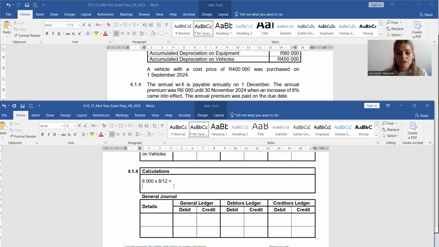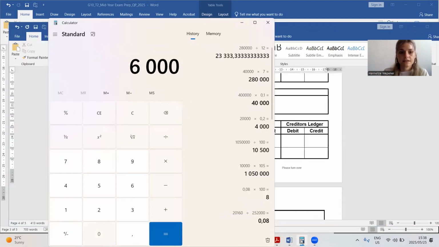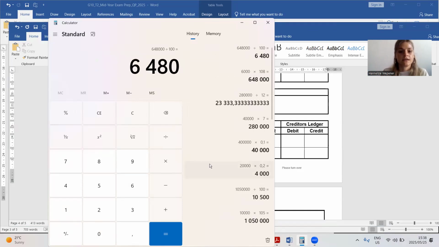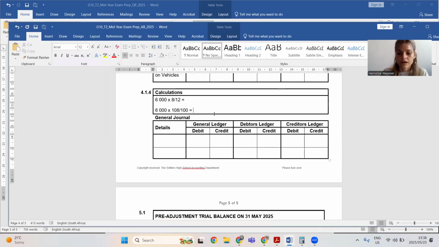Then it says that after this, an 8% increase came into effect. So in other words, we no longer had the 6,000 Rand. We had that at an increase of 8%. So we'll calculate that. So 6,000 times 108 divided by 100, and that is 6,480 Rand.